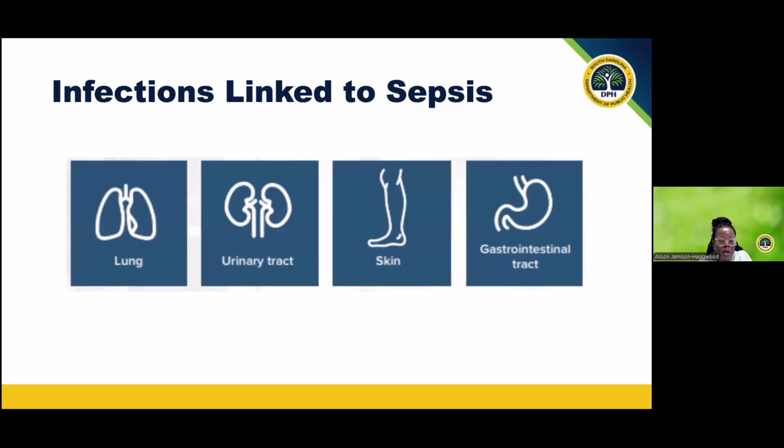So bacterial infections cause most cases of sepsis, as I previously mentioned. For the lungs, pneumonia is a common cause of sepsis. And then you have UTIs, especially for our long-term care facility residents.